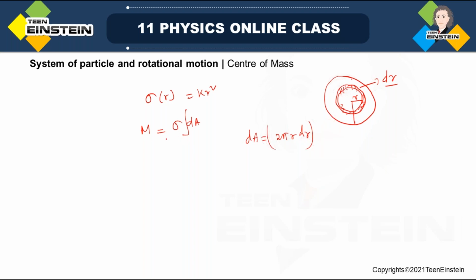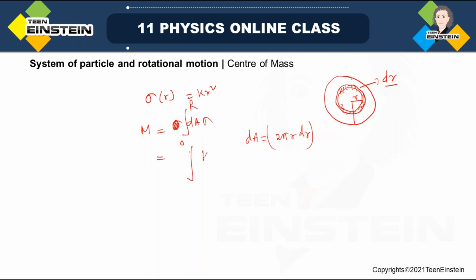So total mass will be capital M, and for radius small r, the limit is 0 to capital R. Now see what is this sigma? Let us not take it outside the integration because there is k here.